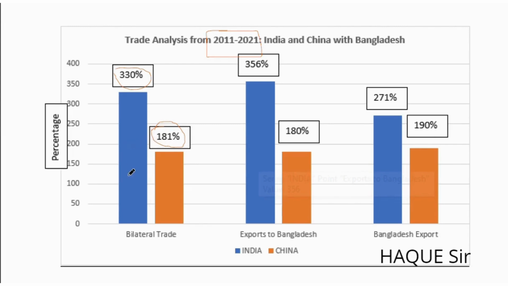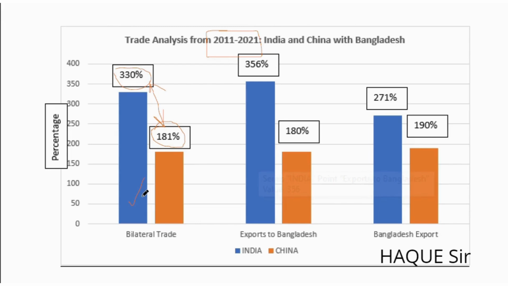So the bilateral trade growth between India and Bangladesh has been significantly higher compared to China. This also indicates a robust strengthening of economic ties and increasing interdependence between India and Bangladesh.